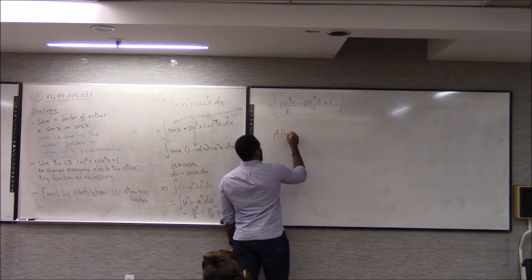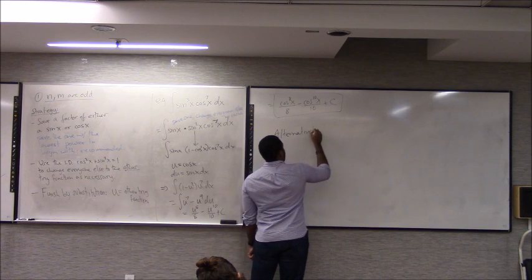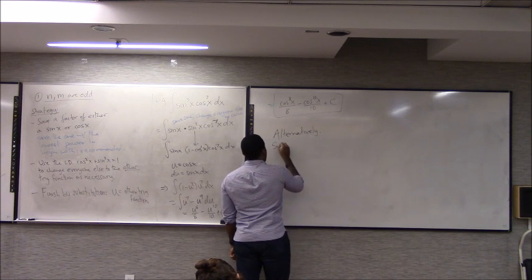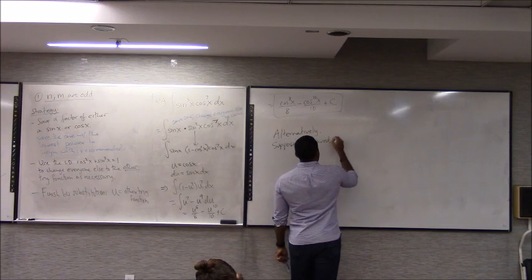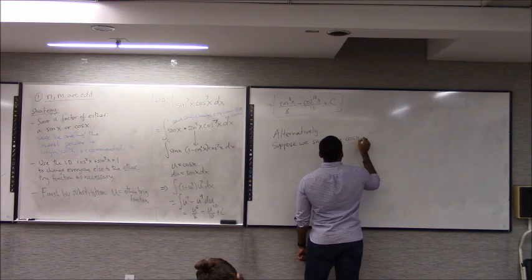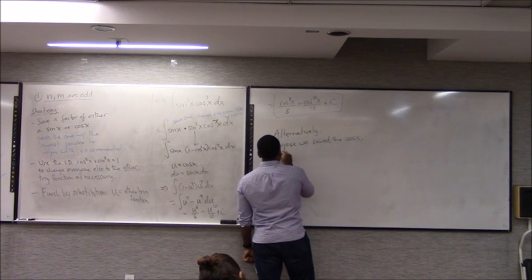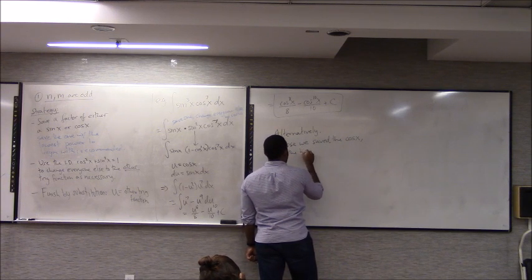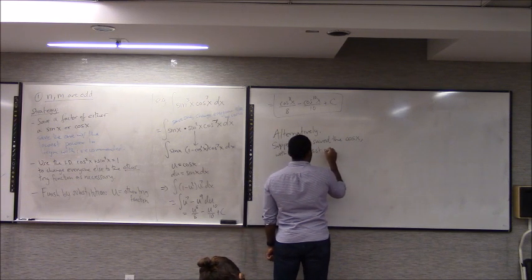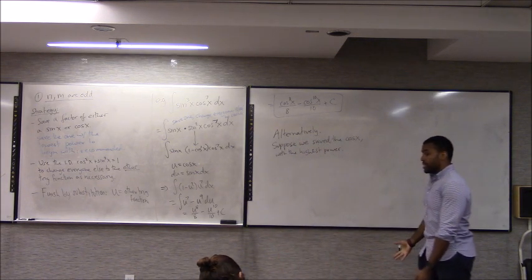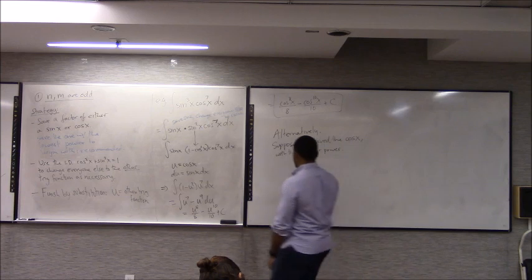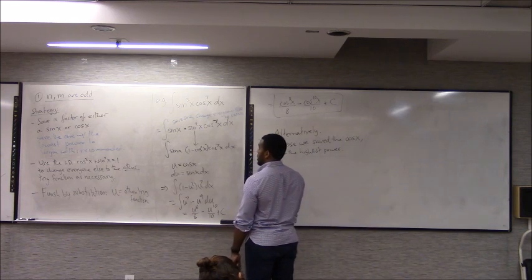Alternatively, suppose we saved the cosine, the highest power. Now, you'd still eventually get to an answer, don't get me wrong, but you're going to like it a lot less.